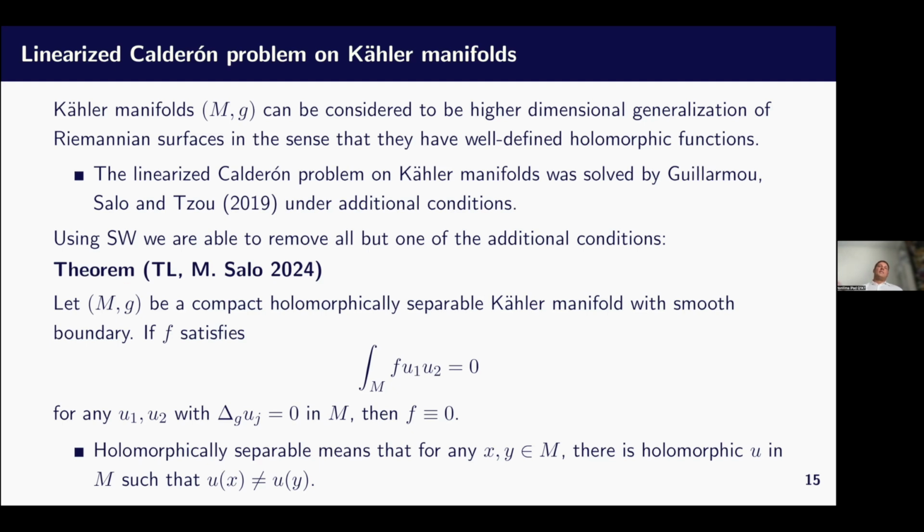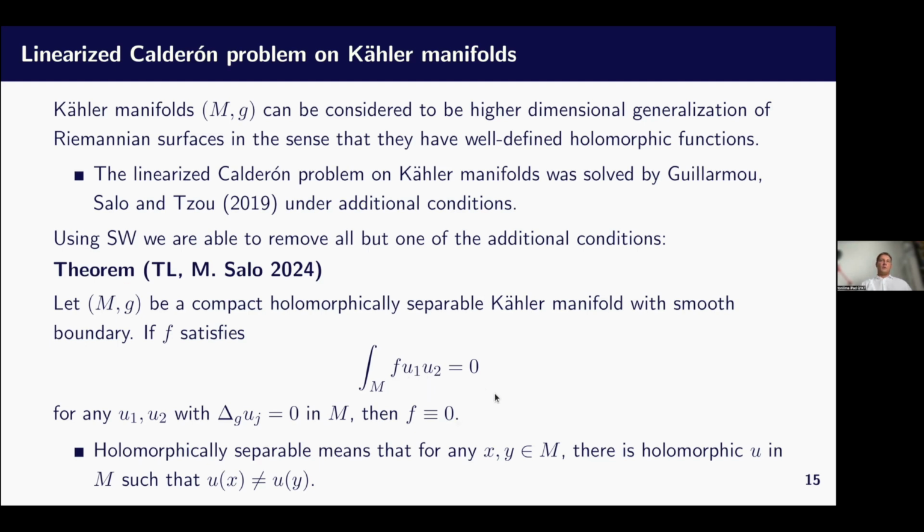Now we assume that (M, g) is a compact holomorphically separable Kähler manifold with smooth boundary. And now we assume the condition of the linearized Calderón problem. If you recall, it was that f integrates to 0 against products of any two solutions, and the claim was that f must be 0. And we proved that: assume that f integrates to 0 against any product of two solutions, then f is 0.